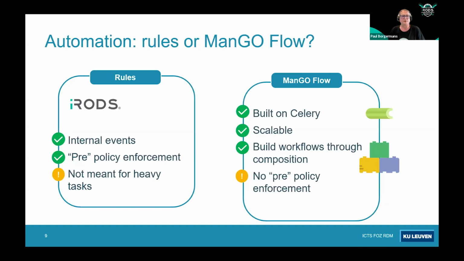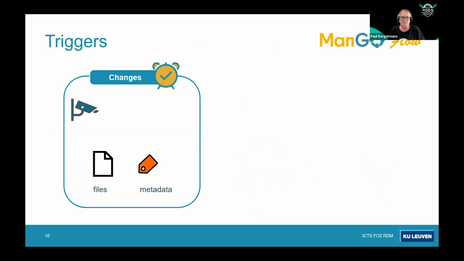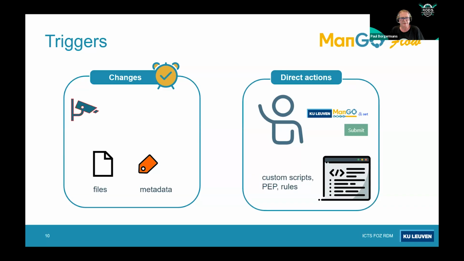Now, workflows can be launched in different ways. We provide several triggers for that. Currently the most important one is watching periodically for changes. Changes in files, data objects actually, but also metadata that are there.